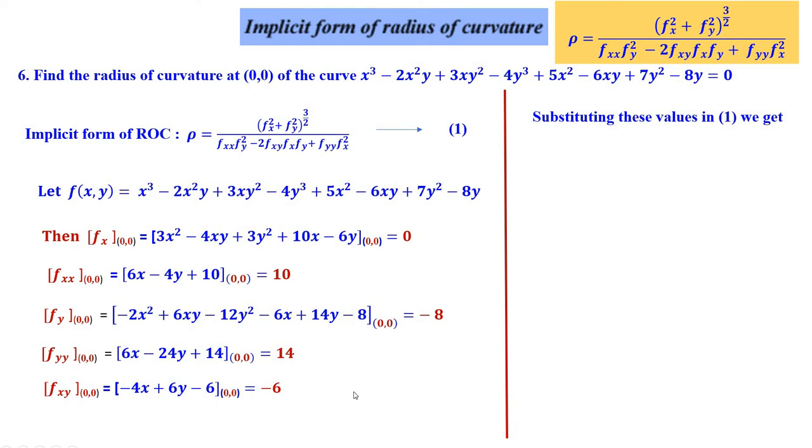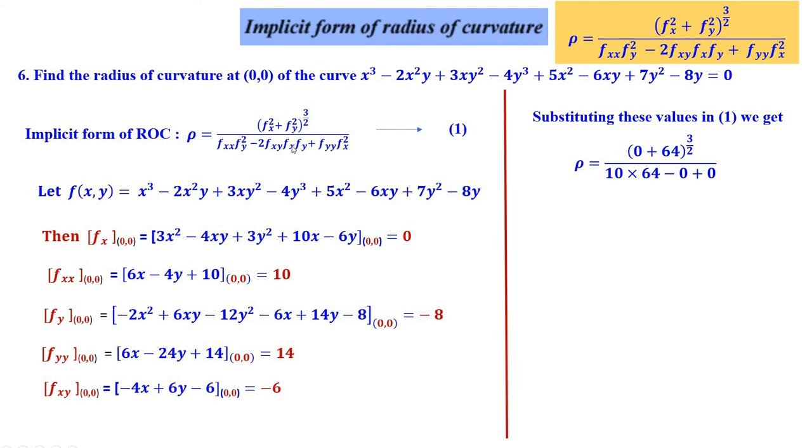Substituting these values in 1, we get this. fx square is 0, and fy square, so fy is minus 8, so minus 8 square, so 64, and fxx is 10 into fy square, it is minus 8 the whole square, you have 64.